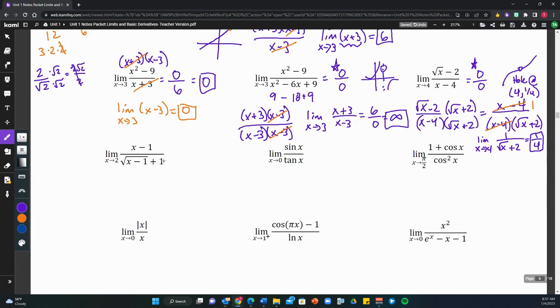All right, let's try another one with radicals. If I plug x equals 2 into this function, in the numerator, I get 1. As soon as the numerator is a non-zero value, you know for sure that you are not headed down the indeterminate track.